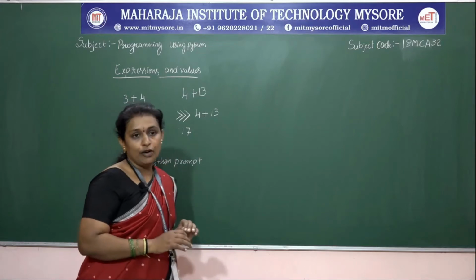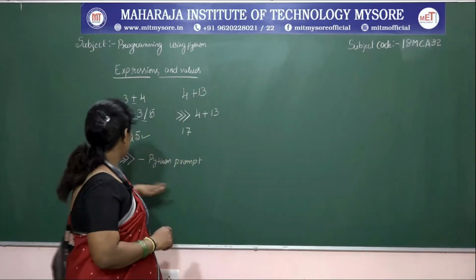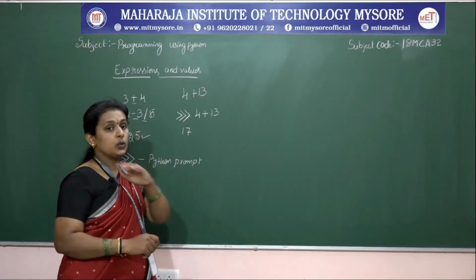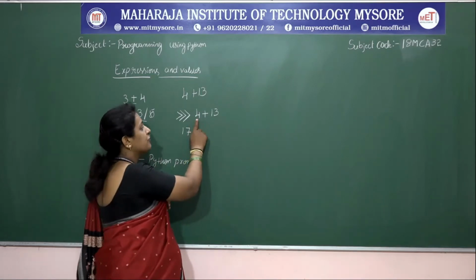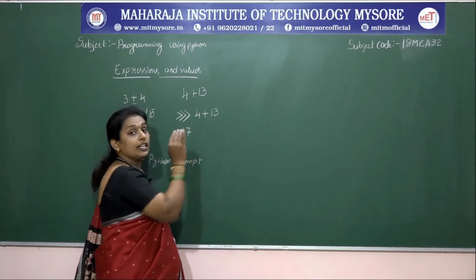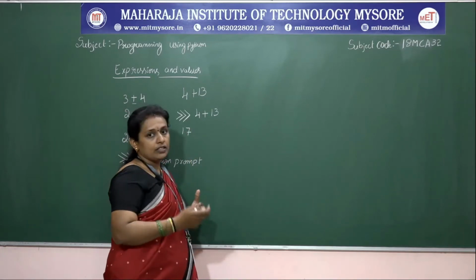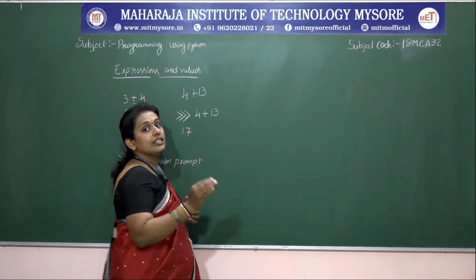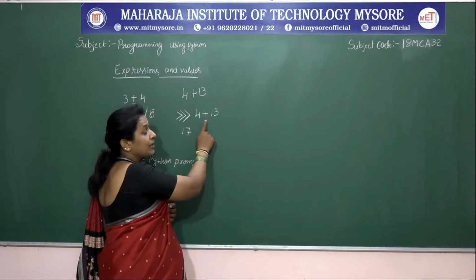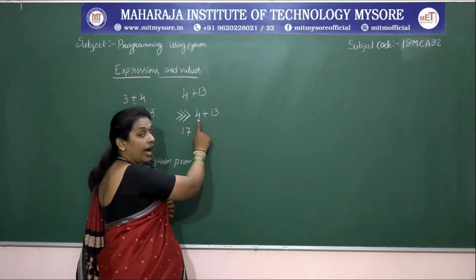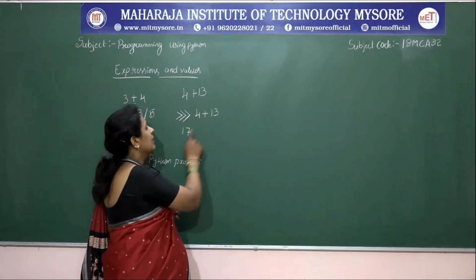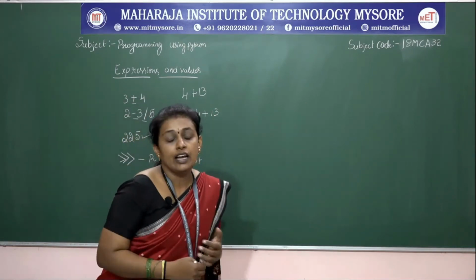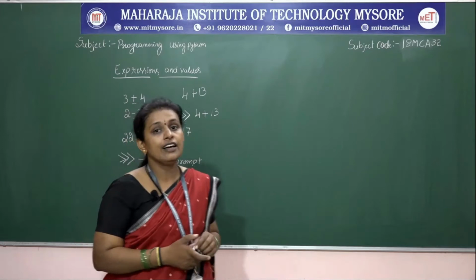You just type the values, 4 plus 13, and it will evaluate the expression and return the output, 17. When this expression is evaluated, we get a single value.